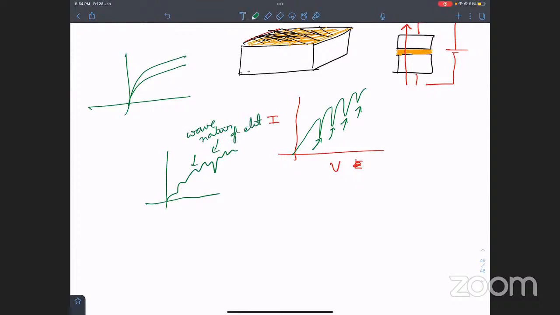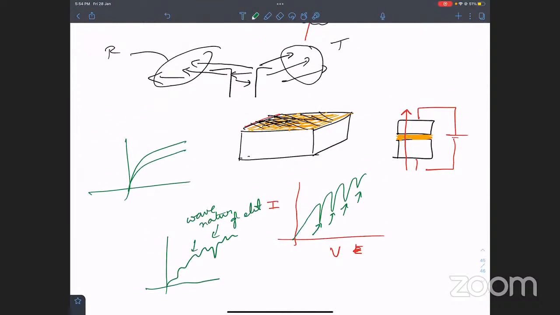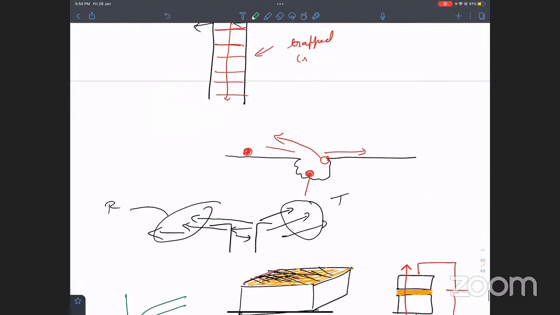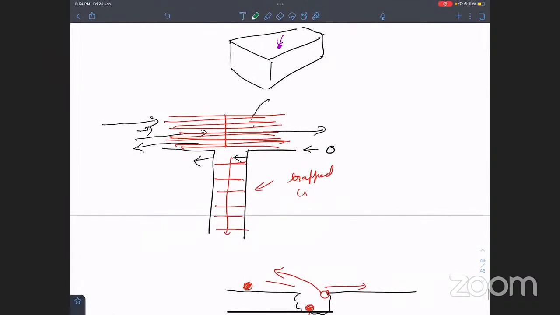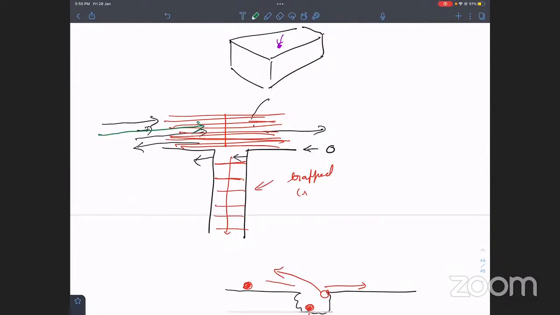Any discontinuity in the crystal, the electron wave will reflect off of it, partially reflect, partially transmit. Then there's going to be interference between multiple things. We can also think about it this way. Imagine an electron is coming here, a traveling state.